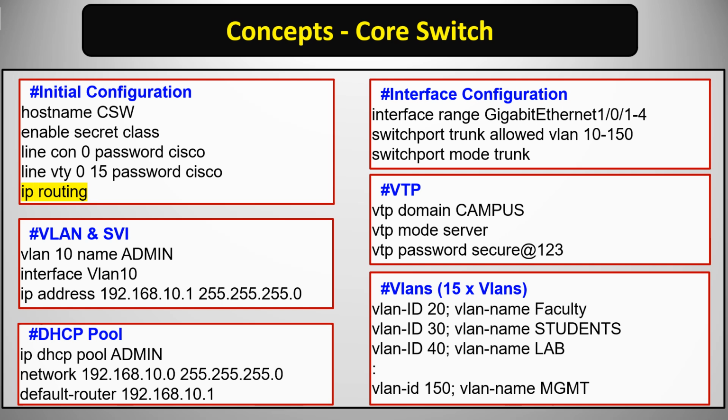We have configured them as trunks and allowed all the VLANs to flow through these trunk interfaces. Then VLAN trunking protocol: the domain name is campus, the mode is server on the core, and the password is defined. Then we have defined all the 15 VLANs starting from 10 to 150.